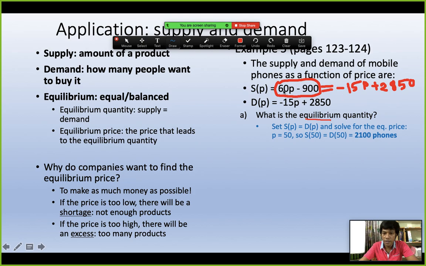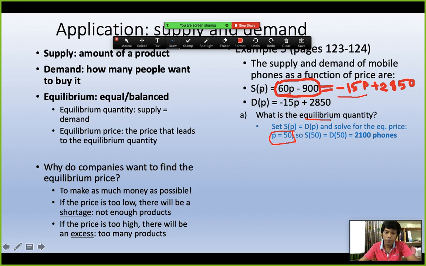Then you can see that 60p minus 900 equals minus 15p plus 2850. This and this you can bring to one side and solve it. If you solve it, you will get p equal to 50. So that means if the price is $50, then you come to the equilibrium.